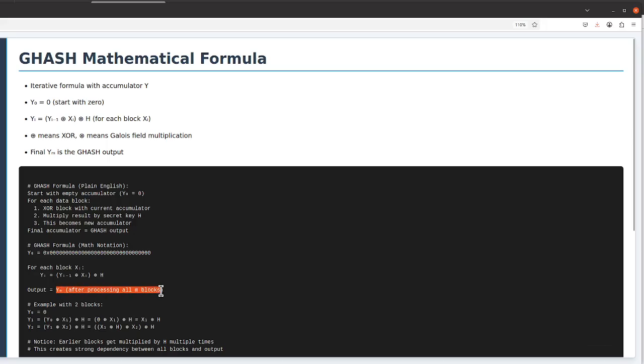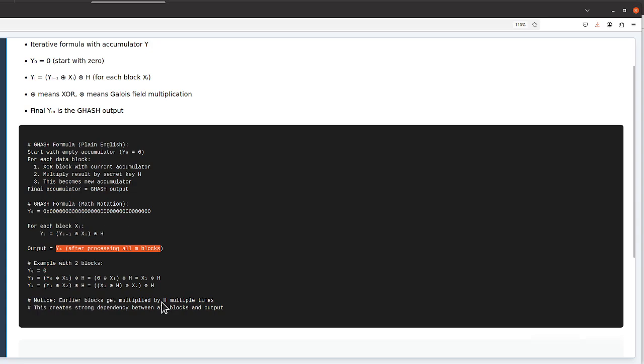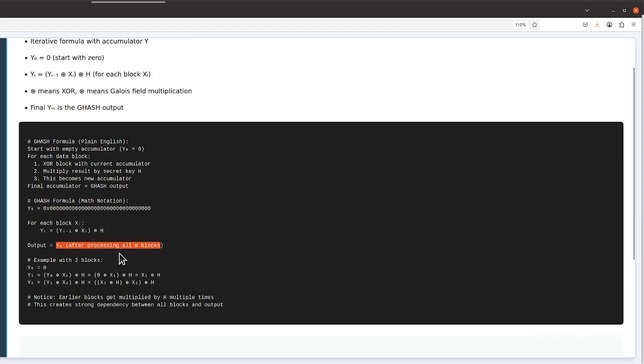Let me write this in mathematical notation, but I will explain each symbol. We use Y to represent our accumulator value. Y0 is where we start, and it equals 0. The subscript is just a counter. Y0 is the starting value. Y1 is after processing one block, Y2 is after two blocks, and so on.